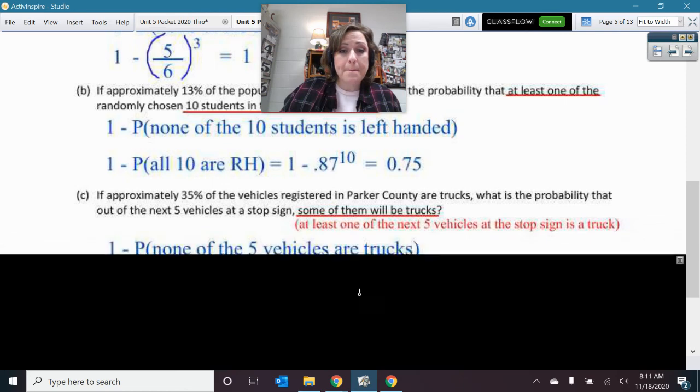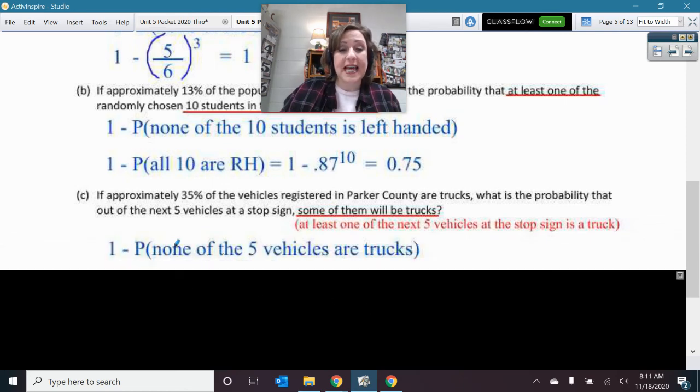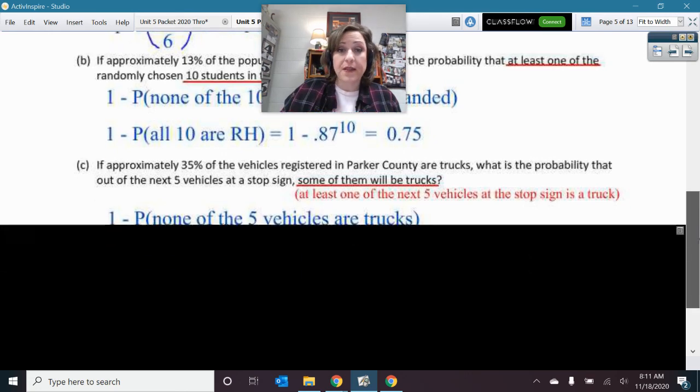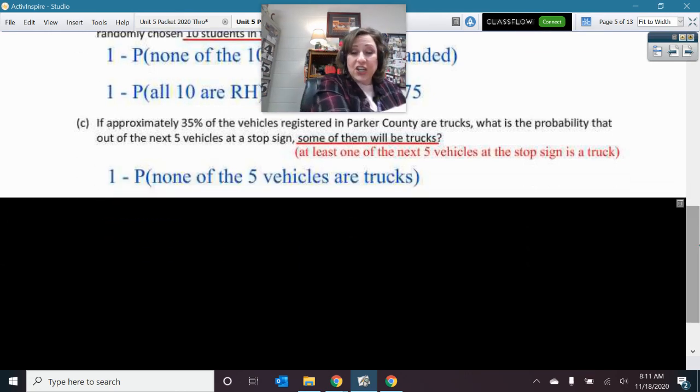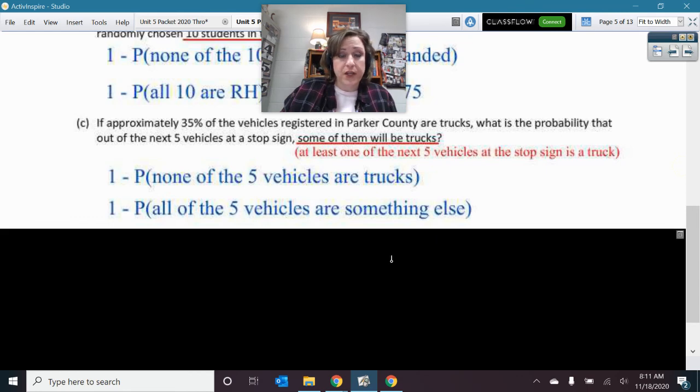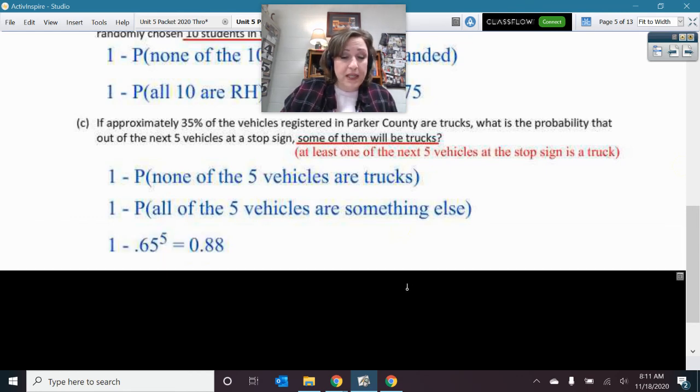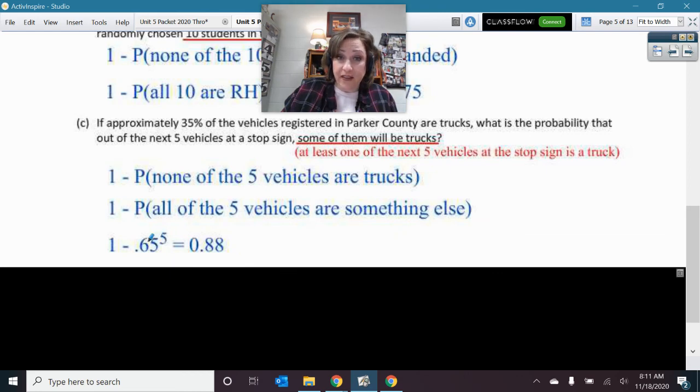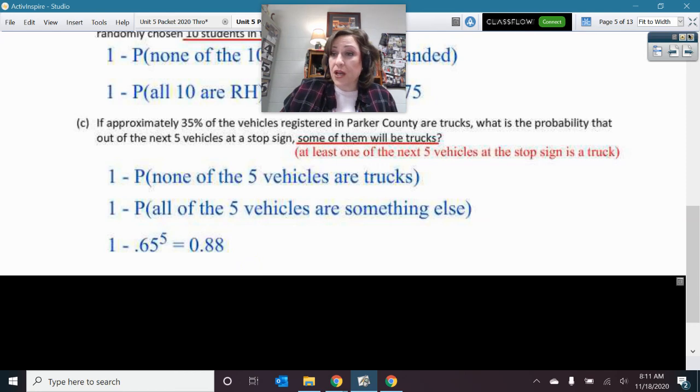So that's 1 minus the probability that none of the 5 vehicles are trucks. Then that will be that whole entire combination of all the other things that could happen, with the one exception of no truck, no truck, no truck, no truck, no truck. So the probability that all of the 5 vehicles are something else is 65%. So that's how that plays out.